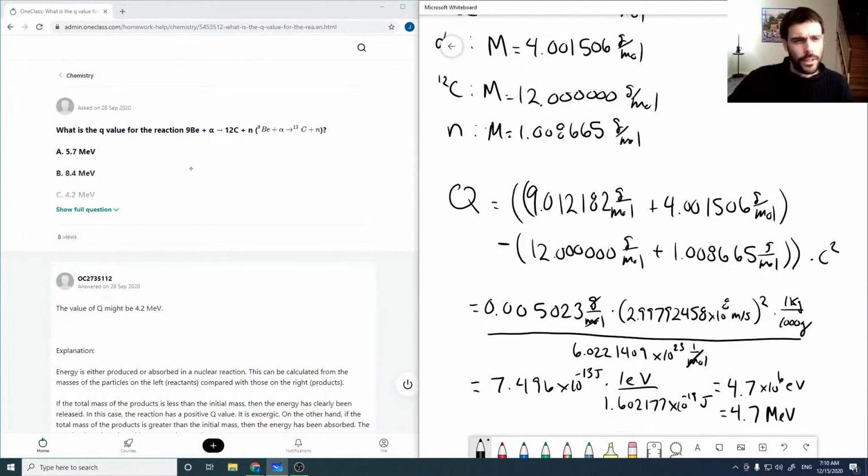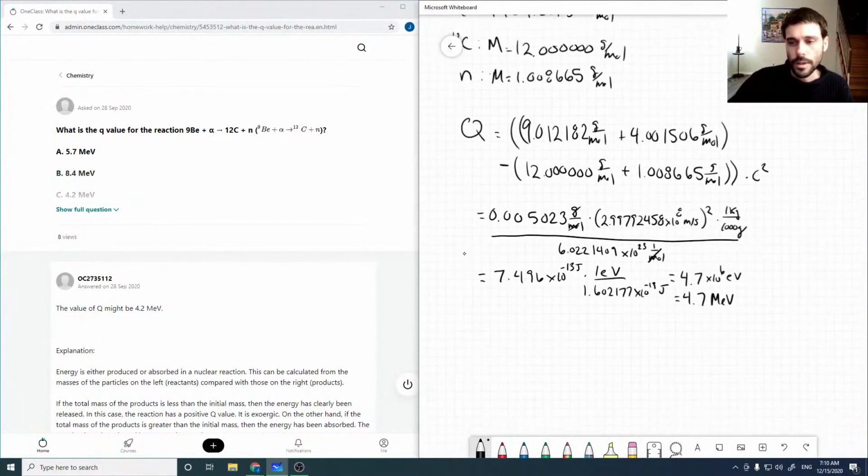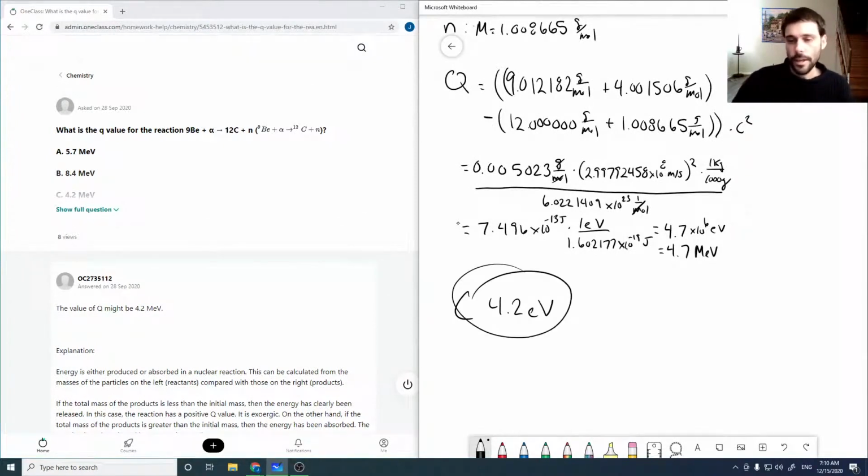So the answers given vary from 5 to about 10. The closest answer is C at 4.2 eV. I will say that the calculated answer you get will vary quite a bit depending on the number of decimal places you use on your masses. So I assume 4.2, should say MeV, is what you would get if they gave you a table of masses, which is what I would assume happened.